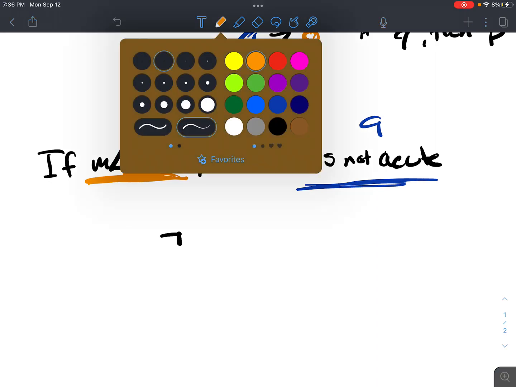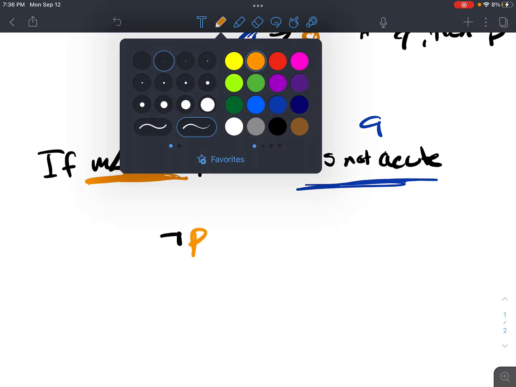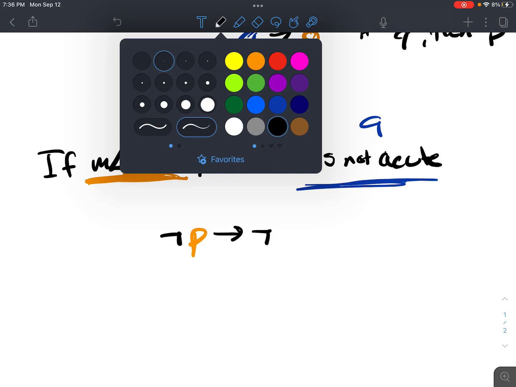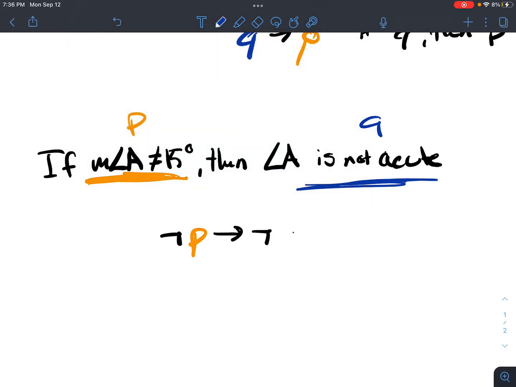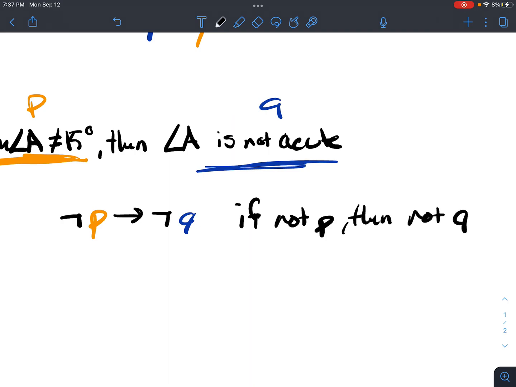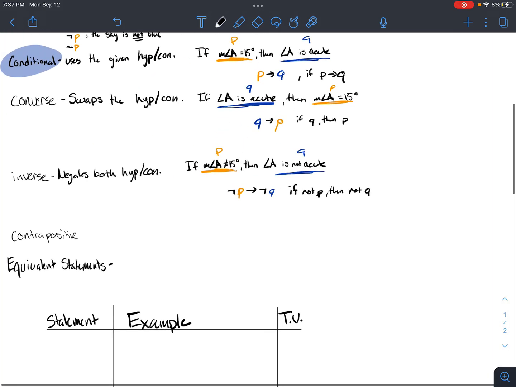So we're going to have the negation of P, the arrow implies the negation of Q. And we read this: if not P. So not is the negation. If not P, then not Q. So that is our inverse.